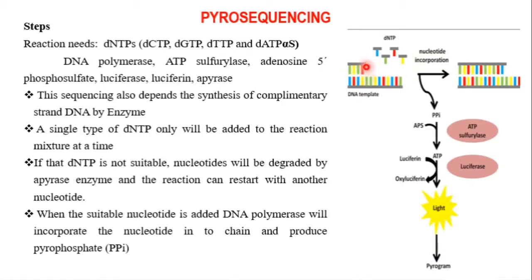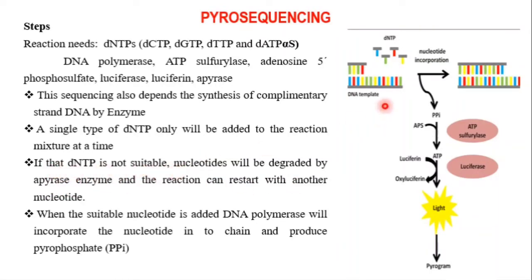If that dNTP is not suitable, that a single type of dNTP added for the synthesis of the DNA strand at a time, then that nucleotide will be degraded by the apyrase enzyme. It is unincorporated.